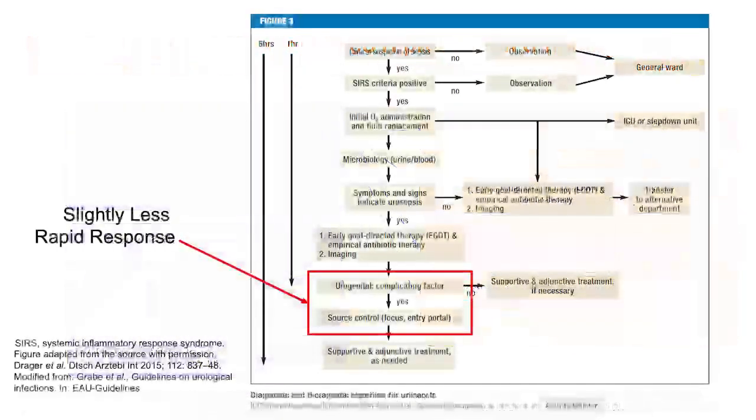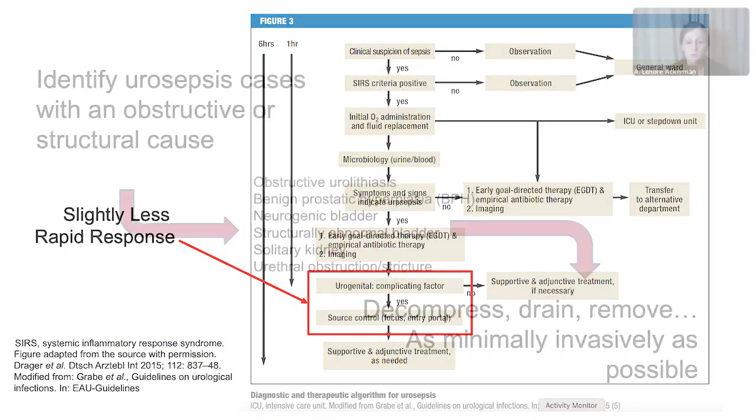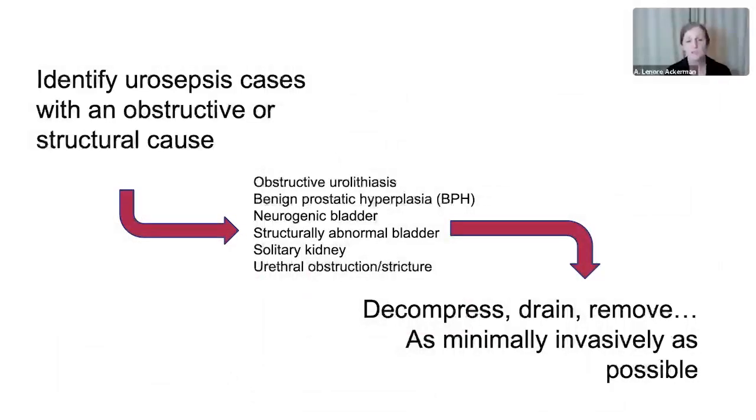But our biggest role is managing those urogenital complicating factors. Next slide. Those are the things that are obstructive or structural in nature. So obstructing stones, obstructing benign prostatic hyperplasia, neurogenic bladder that doesn't empty, a structurally abnormal bladder, solitary kidney, urethral obstruction, all of these things.